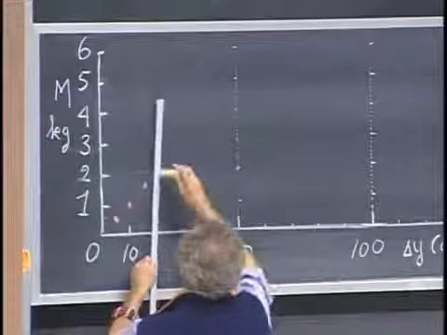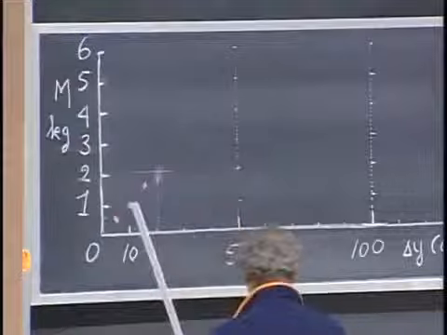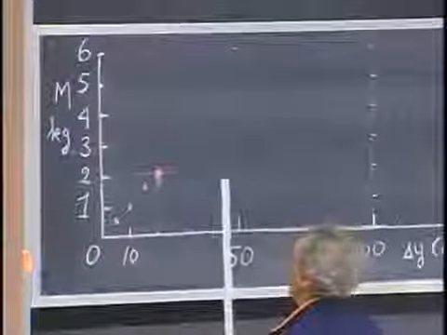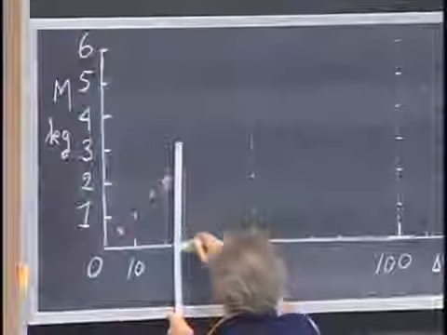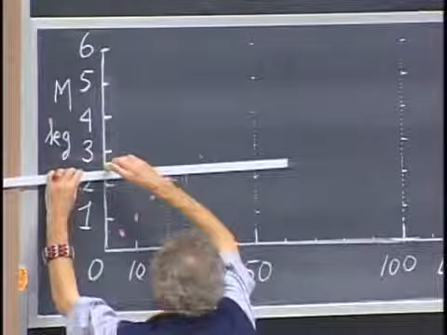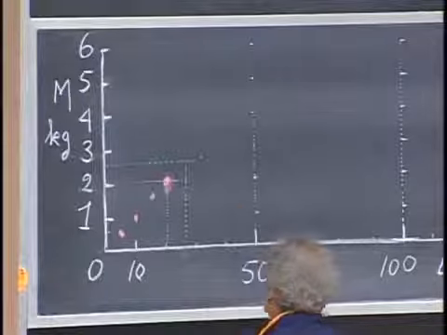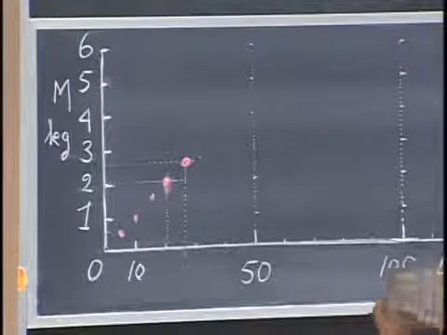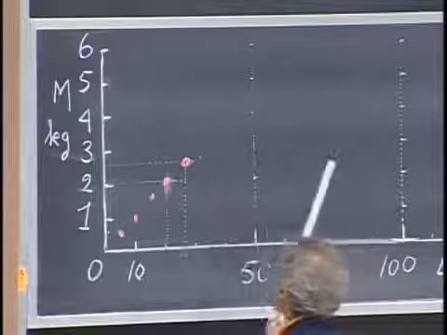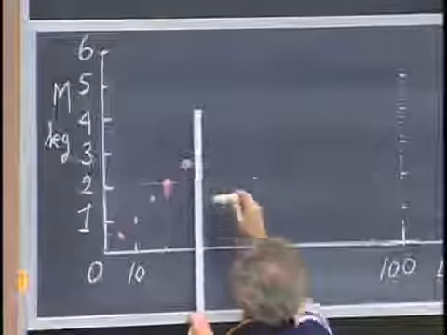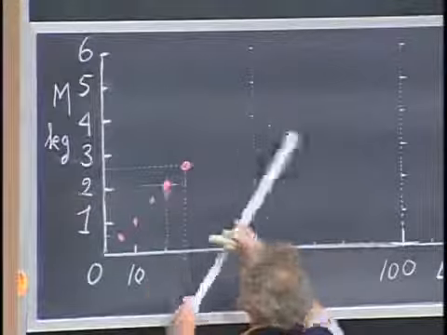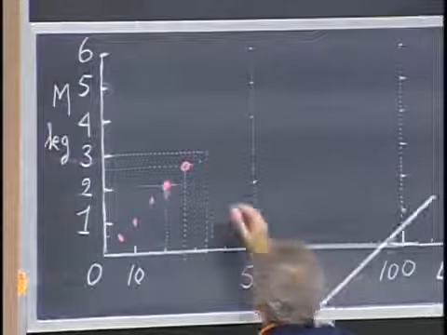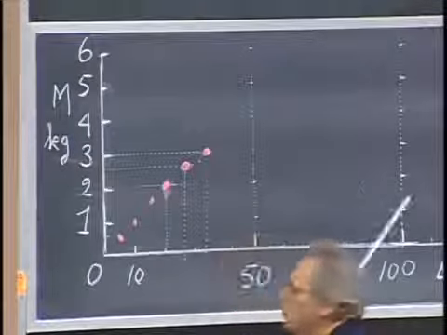So this was at... And then at 2.5, we have 25. Amazing how linear that is. And then at 3, we have 32. Looks like it's beginning to bend over.